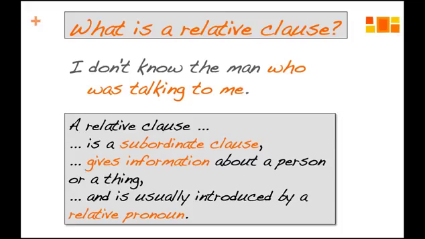I say it's usually introduced because I can tell you right away, you will find out in video number 3 that there are relative clauses where you can leave out the relative pronoun. But so far, we keep it there. So we need a subordinate clause giving information about people, objects, animals, and a relative pronoun. And then we have a relative clause.